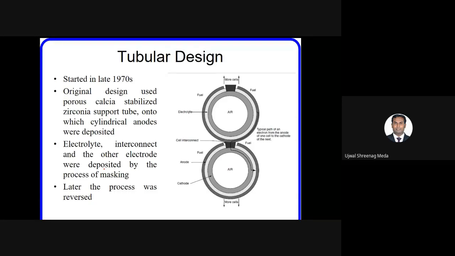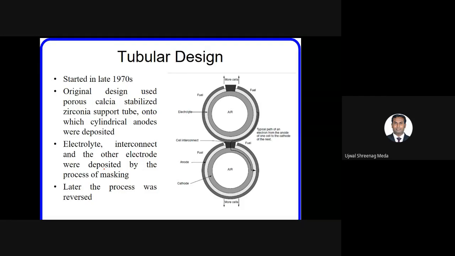And getting into more details of this tubular design, it was first experimented in 1970s. What happens here is the electrodes and electrolyte are concentric tubes. In the original design, a support tube made of calcium stabilized zirconia was used.